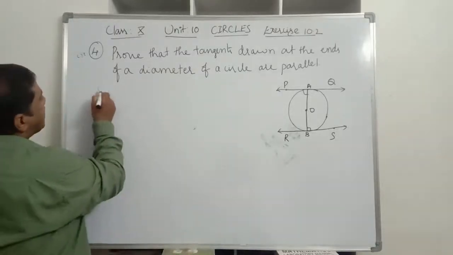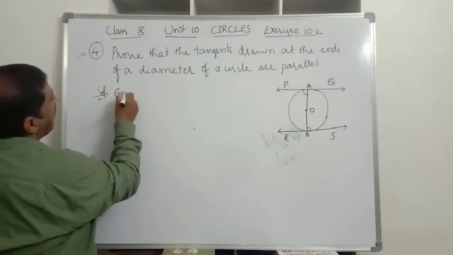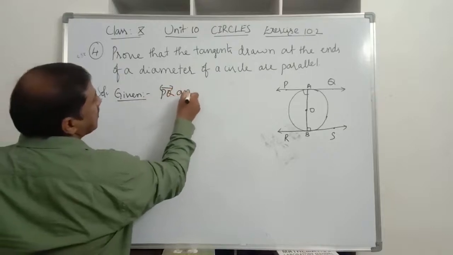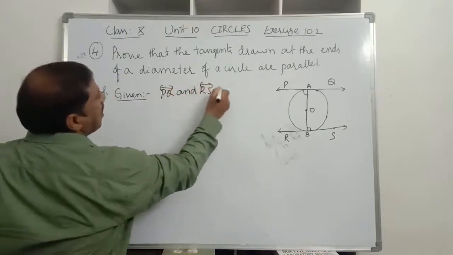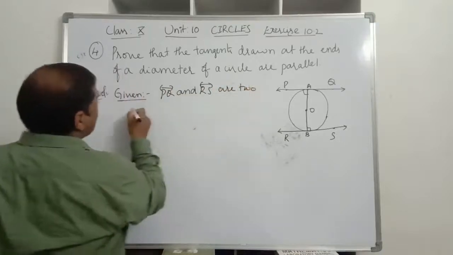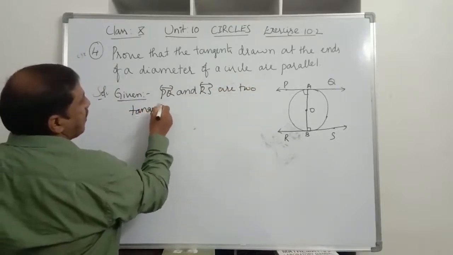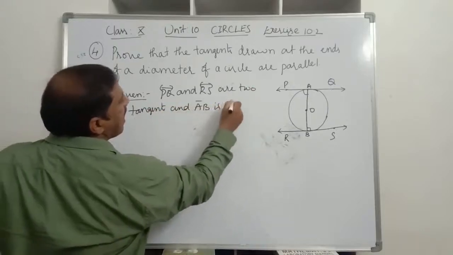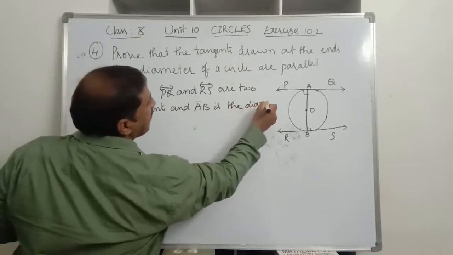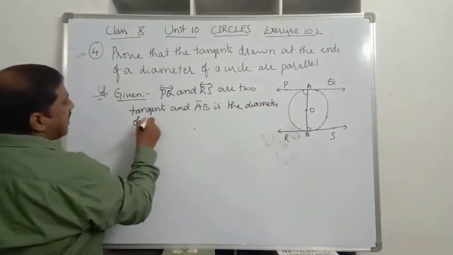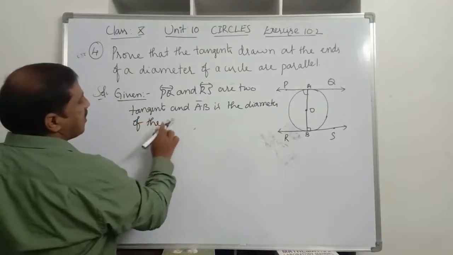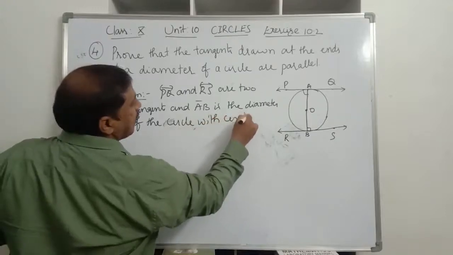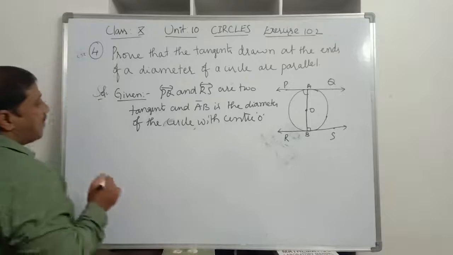So what is given here? PQ and RS are two tangents, and AB is the diameter of the circle with center O. Now what do we have to prove?